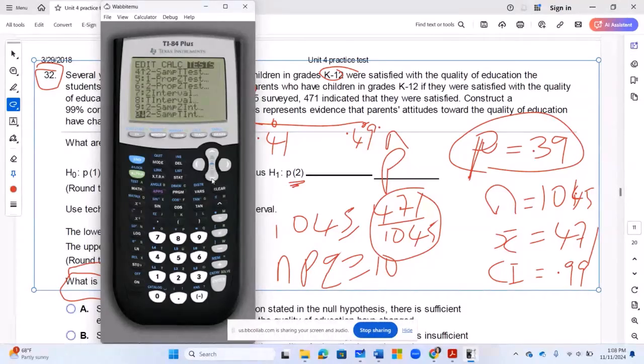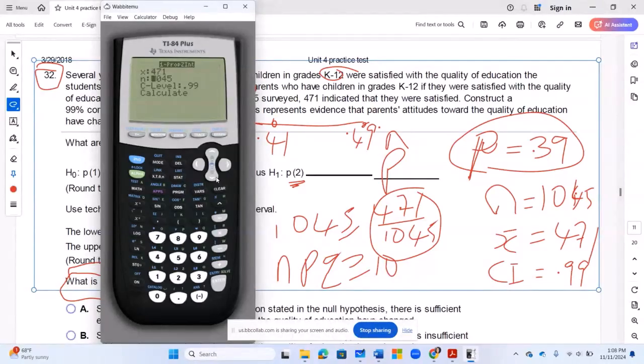That is number 9. Actually, it's after 0. So 1-Prop Z Interval is what you're going to select. Why? Because it's a proportion question that satisfies the condition to convert from binomial to normal.